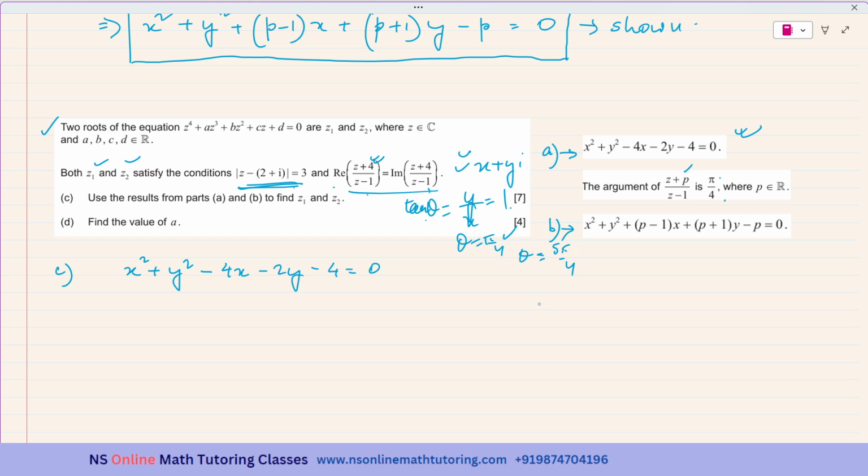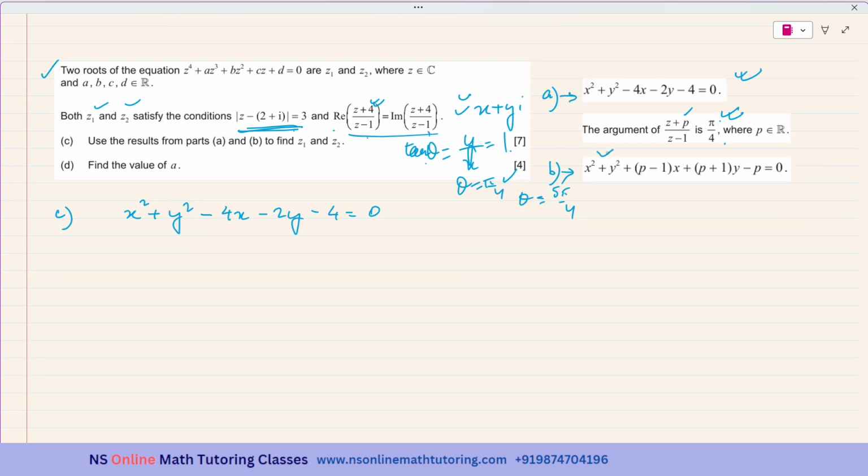Okay. So since they are saying that the imaginary part and the real part are equal, we can take the condition given over here, that it is pi over 4. Even when the argument is pi over 4, the real part will be equal to the imaginary part.